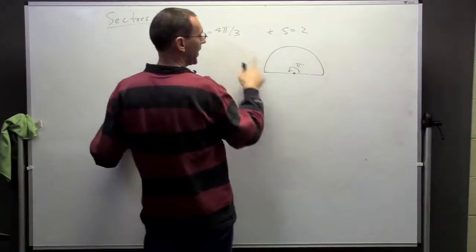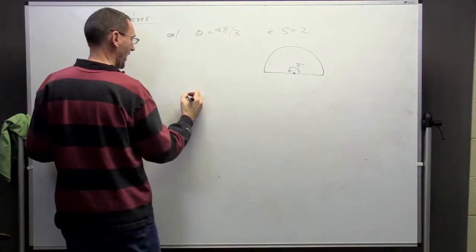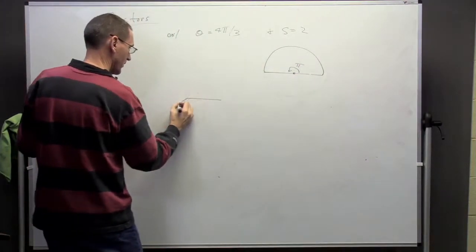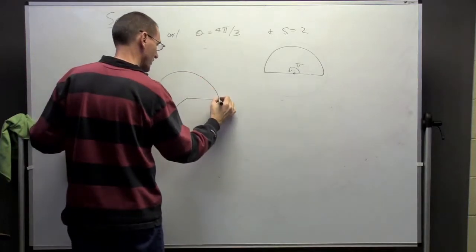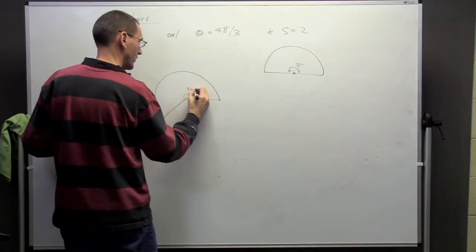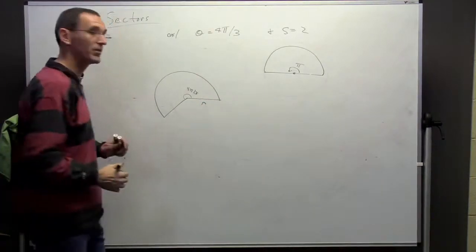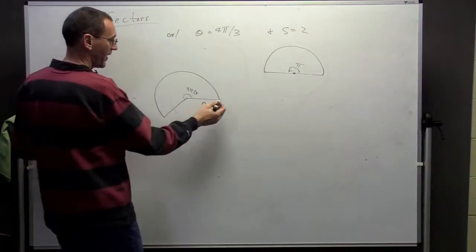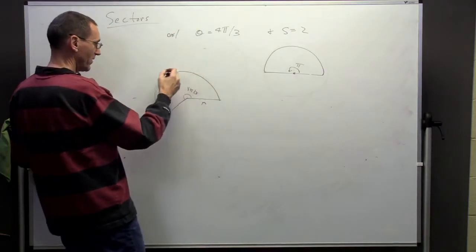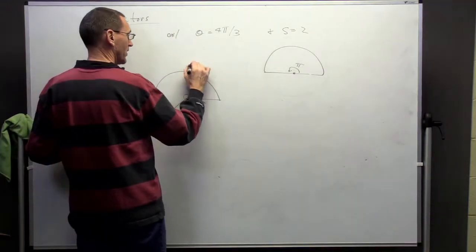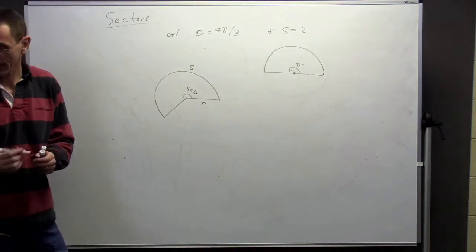This is bigger than pi, so it's going to have to be bigger than that. So my sector looks like that. There's some radius associated with that sector, and again, if I have a turtle or an ant that walks along the edge of that circle, it's going to move a distance s.